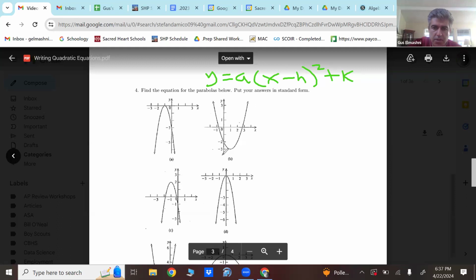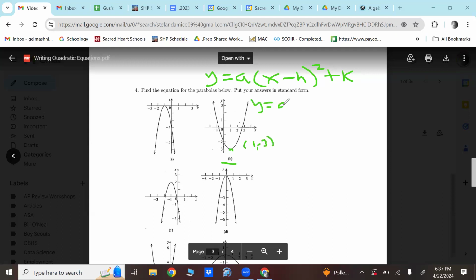So let's look at part B. What's your vertex there? Part B, my vertex would be 1, -3. Let's plug in y equals a.